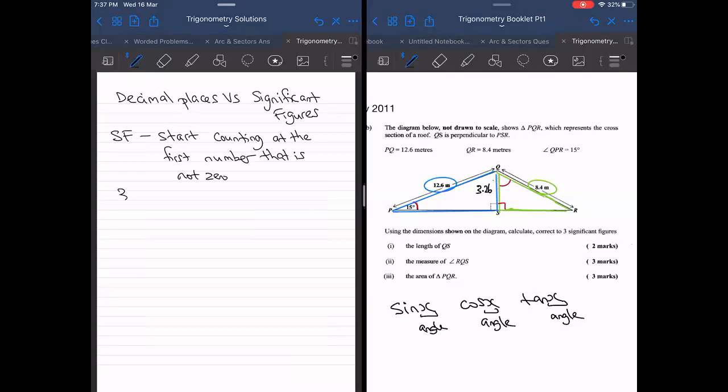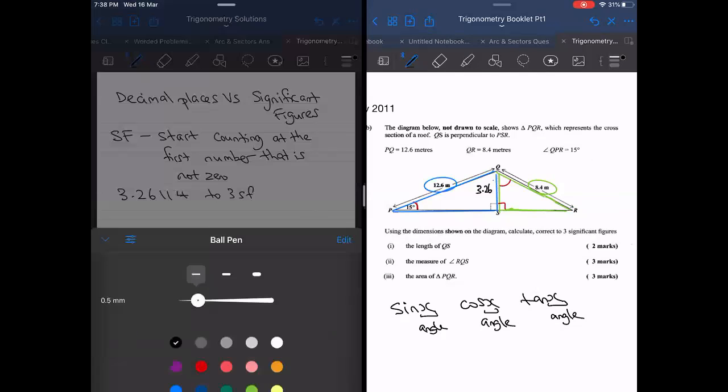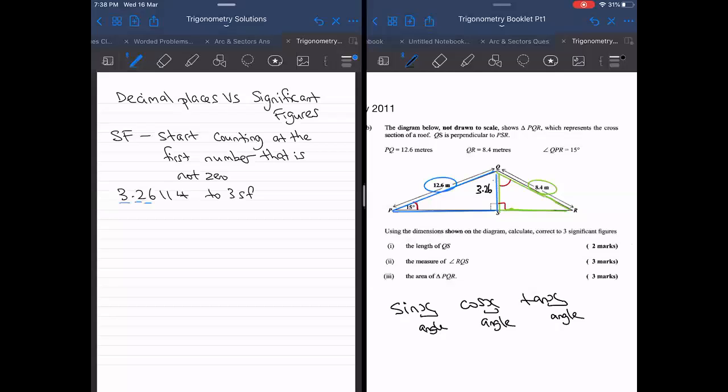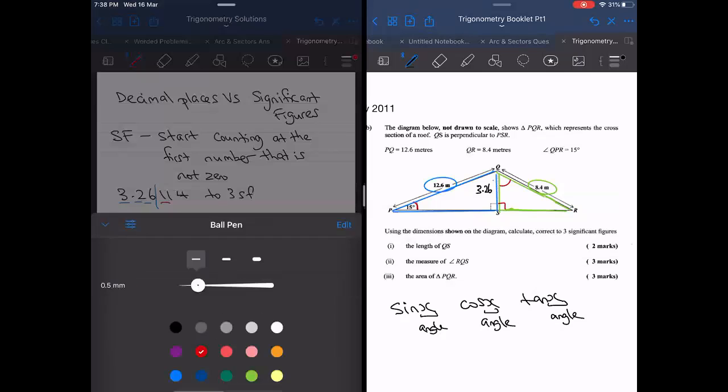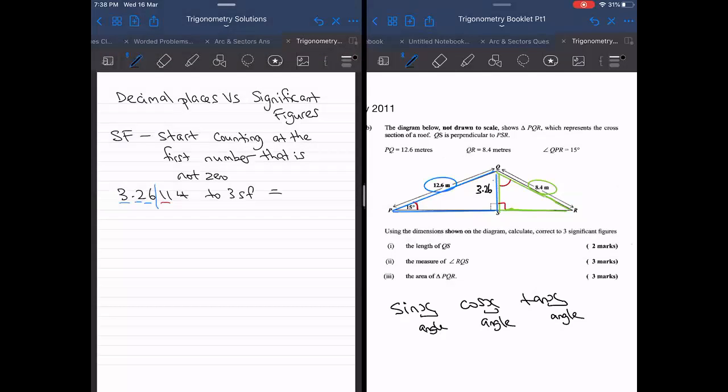For example, 3.26114 to 3 significant figures. You count 1, 2, 3. You look to the right. If it's not 5 or more, then you leave it.